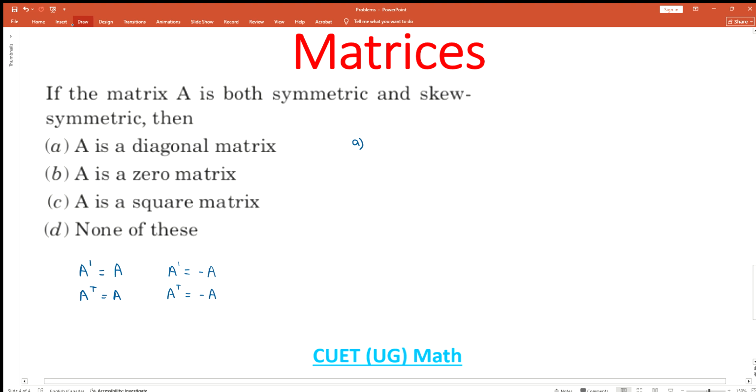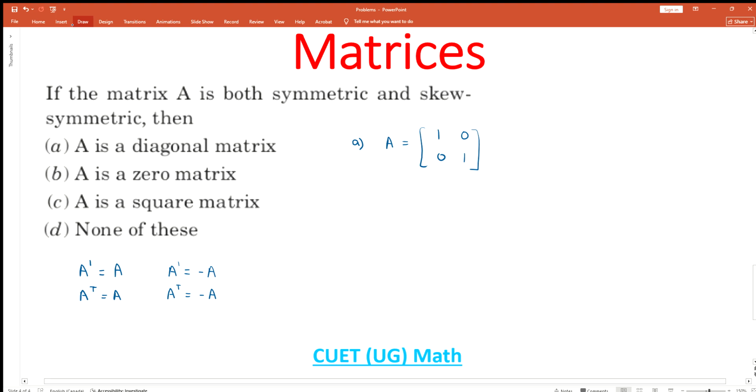If we use a 2 by 2 matrix, one example of a diagonal matrix is 1 0 0 1. This is a square matrix in which the elements on the main diagonal are 1 and 1 and the other elements are 0 0. We have to check if this matrix is symmetric and skew symmetric.